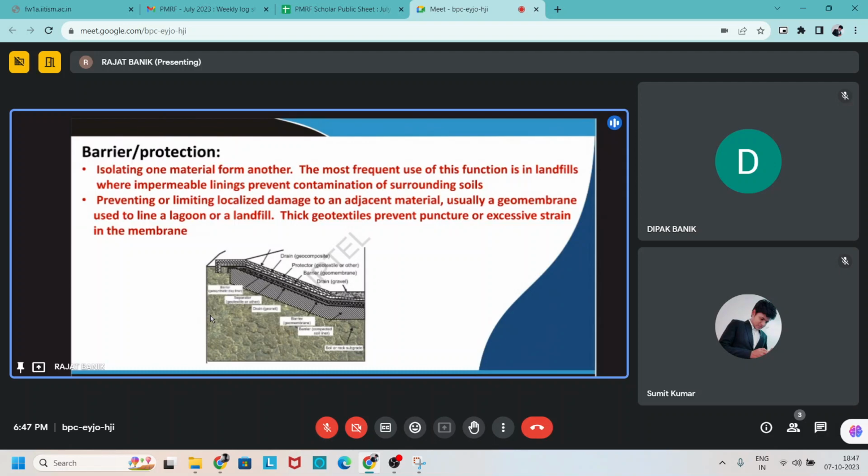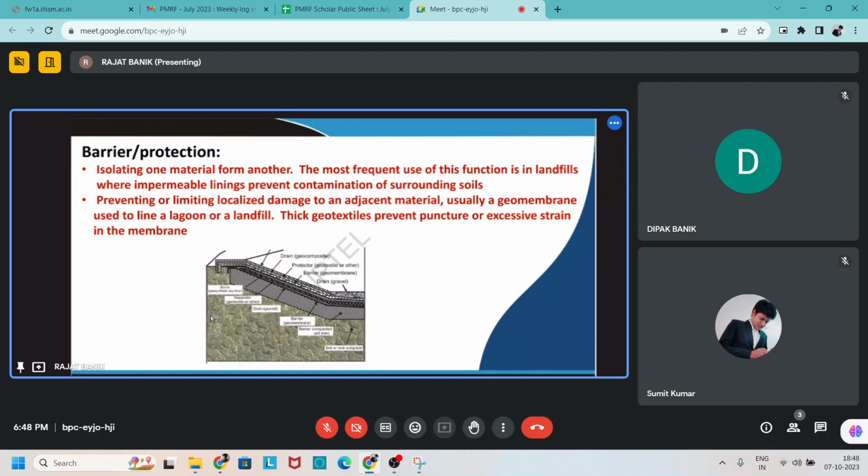The most frequent use of this function is in landfills, where impermeable lining prevents contamination of soil. It prevents or limits localized damage to an adjacent material, usually a geomembrane used to line a lagoon or landfill. Thick textile pavement prevents puncture or excessive strain in the membrane.